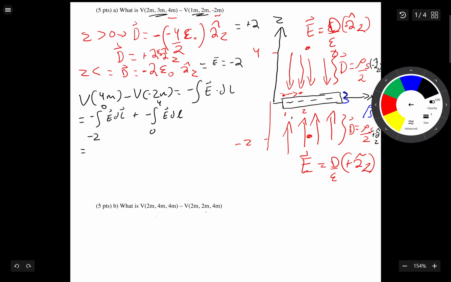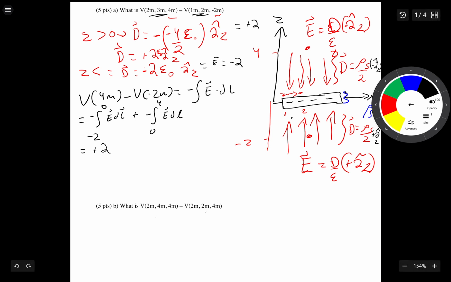So our dl over here is just going to be our dz, because we are moving in the z direction. So I can write this as, what is my electric field for z less than 0? It's -2. So negative negatives will cancel.